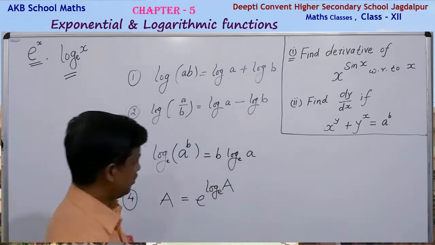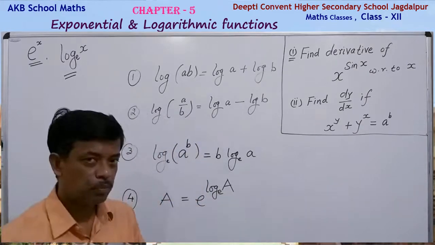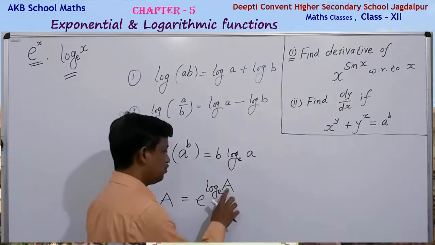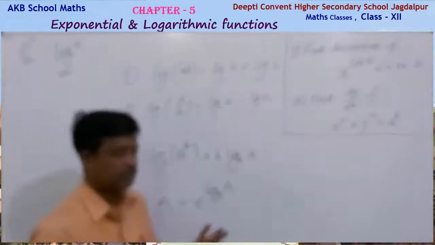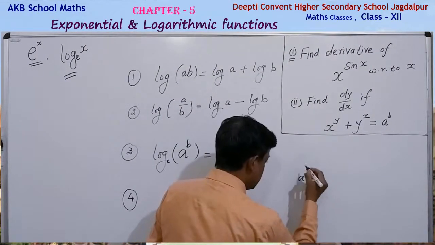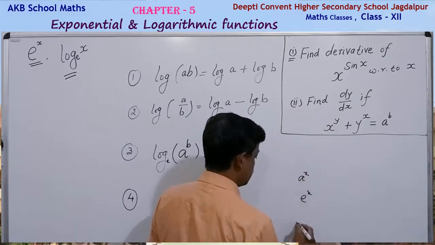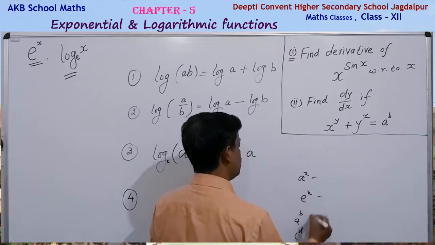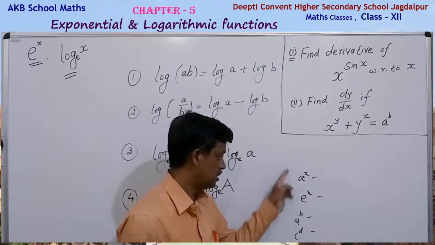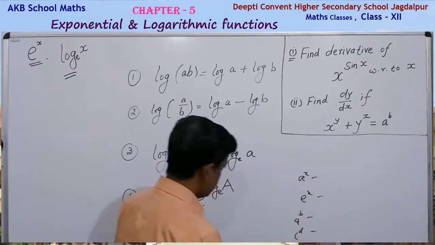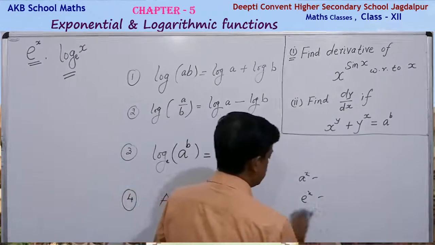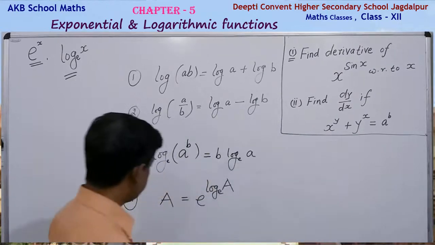This is an important formula for positive values. A should be positive, because the logarithmic function is generally defined for positive values. An exponential function, e to the power x or a to the power b or c to the power d, any such function, its value is always positive. But the base we take as positive in the definition of the logarithmic function. Clear? So this is a very, very important property.